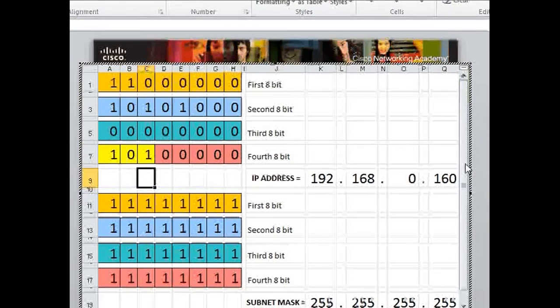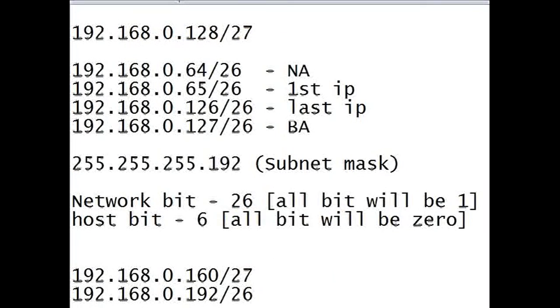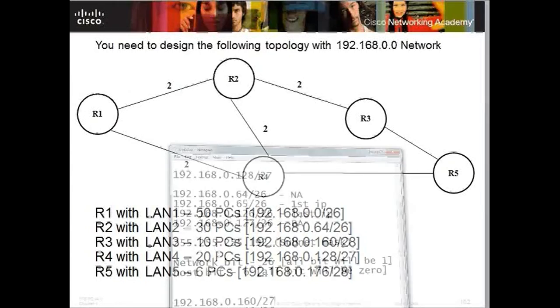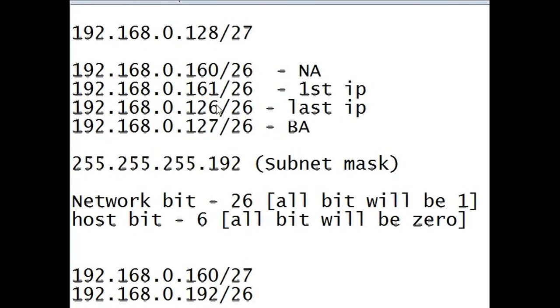So when I have calculated this, let's calculate this particular subnetwork in terms of the network address, the first IP, and the broadcast address, and this will all be /27.